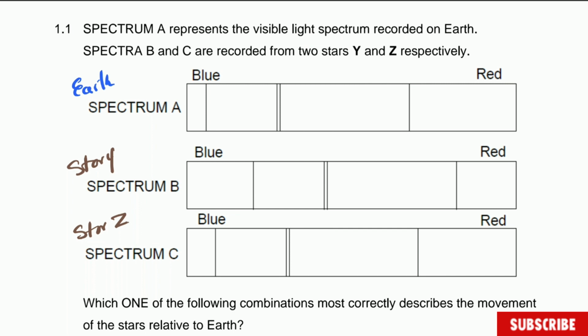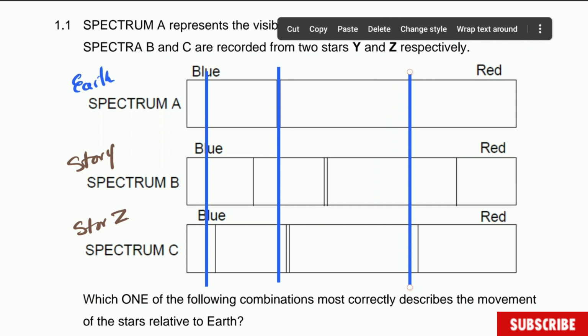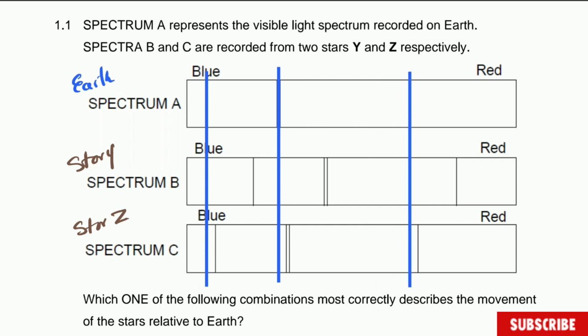Now what we have to do here is to identify what is happening. All we have to do is to compare those lines I drew with the Earth one. You can see that I drew a line on each of the lines of the Earth spectrum, and each of the lines of the different stars shifted towards the red side, even a little bit in the one of Z, but each of them shifted.